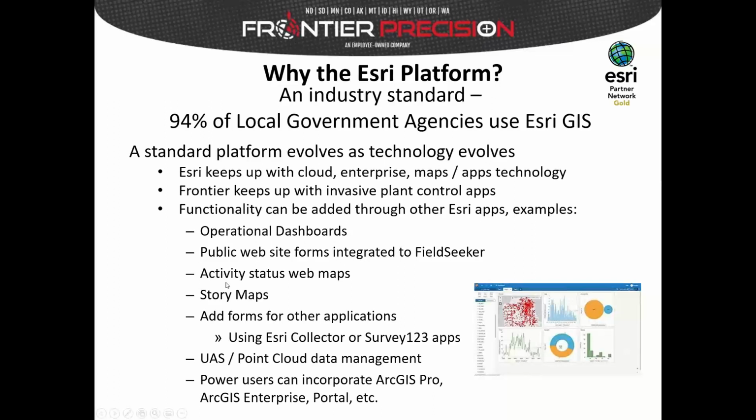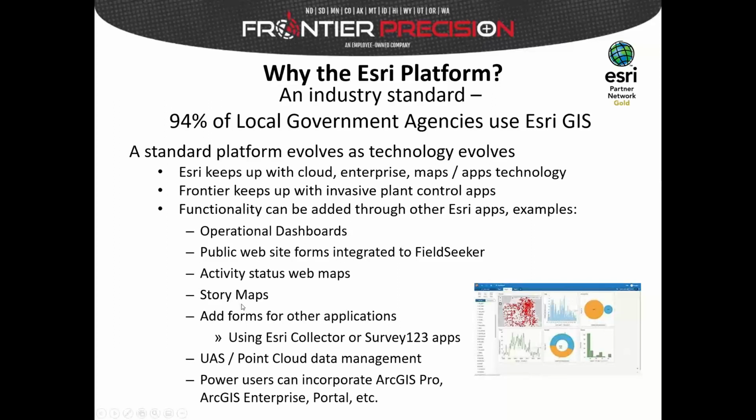And then we can also do activity status maps that can be used in a variety of applications to relay information to the public. This could be like recent aerial or ground spraying activities, open service requests, or plant occurrences. So it's kind of up to you what you want available to your public.